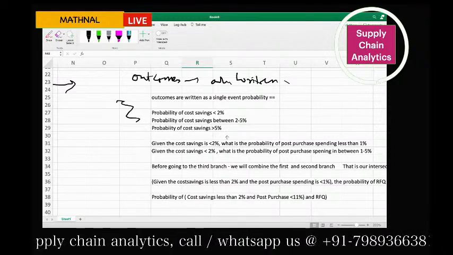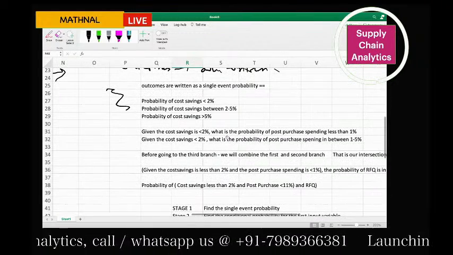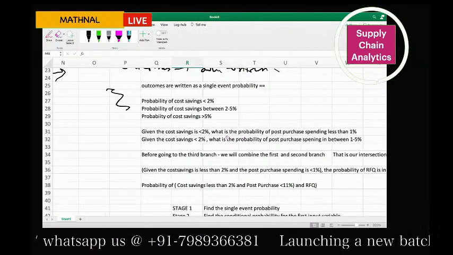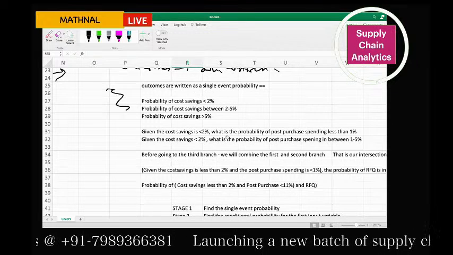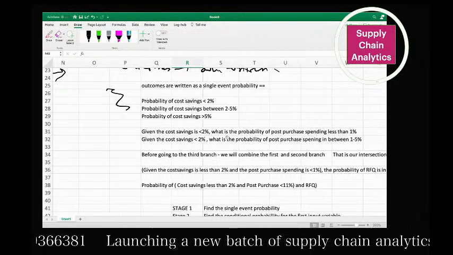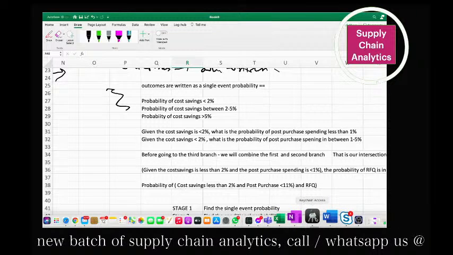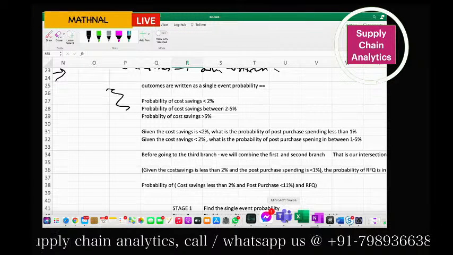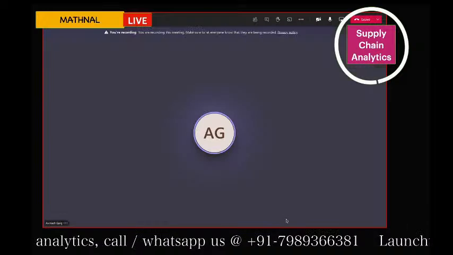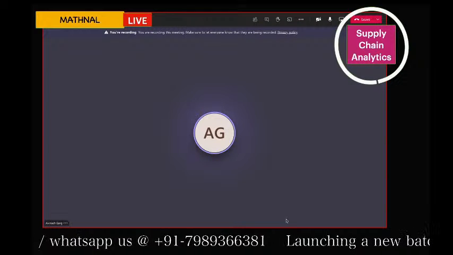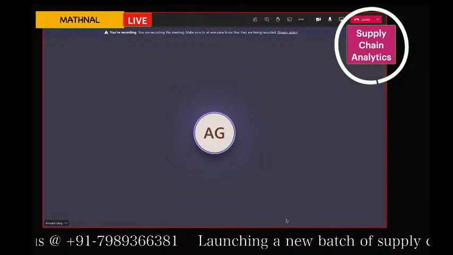Is this clear, Avinash? Yeah, it is clear. We can see in pivot table also. Yeah, let's try it. So please share your screen. Okay. Okay, if I share, then I think yours will stop sharing, right? Yeah. Hmm.